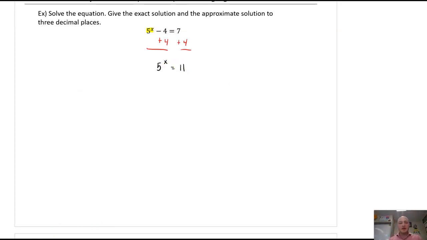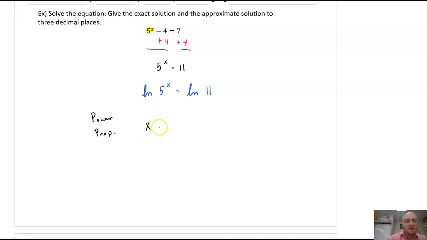Now I need to bring down my variable. How you do this is you take a logarithm of each side. So I'm going to do the natural log of 5 to the power of x is equal to the natural log of 11, taking the logarithm of each side. Now I can use the power property, which says that I can bring down my variable from the exponent.